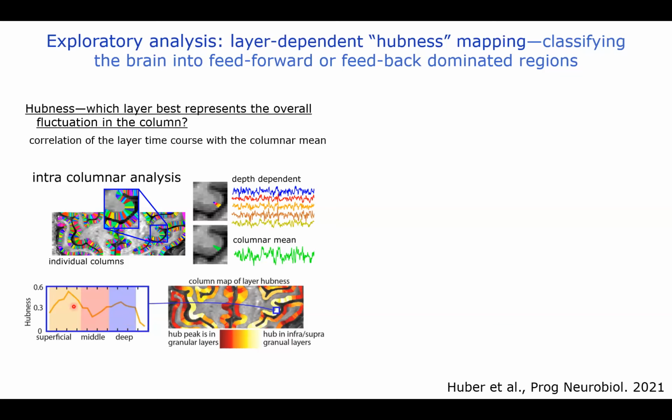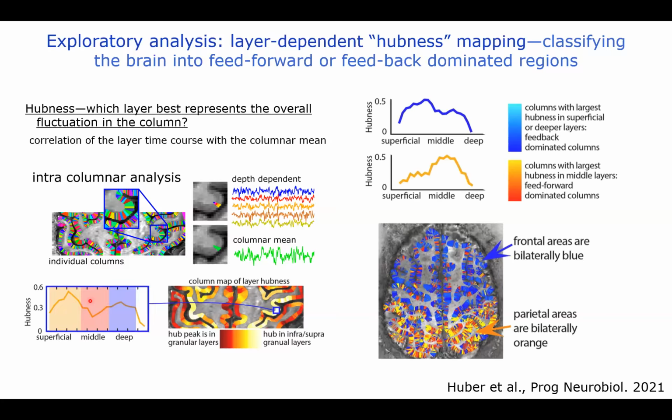The ones with higher correlations suggest they have more dominating behavior for that particular column area. And if you classify the brain according to the specific harmonics profiles, you can clearly see it separate into two parts: the anterior parts show a pattern with higher activity in the more superficial and deeper layers, whereas the more parietal areas have harmonics patterns peaking in the middle layers.